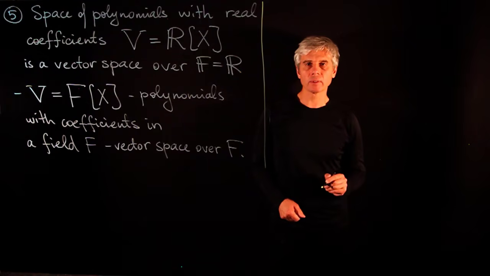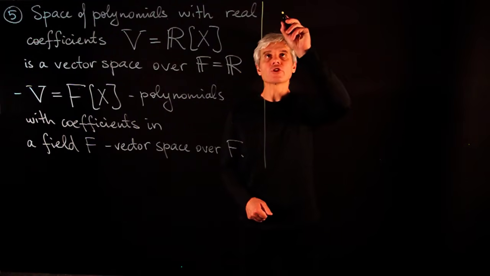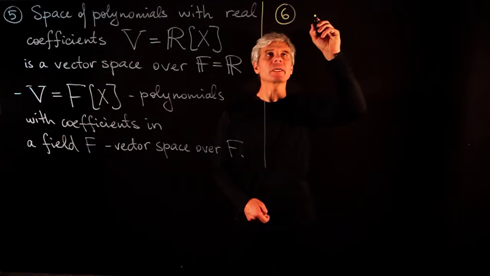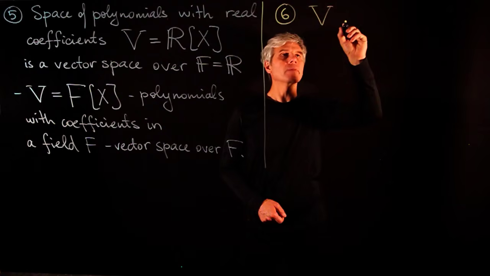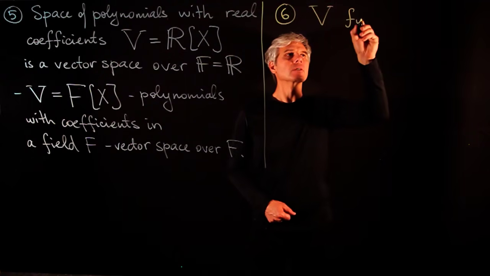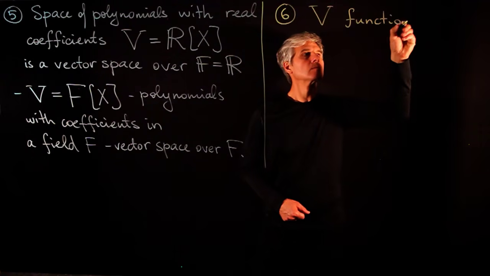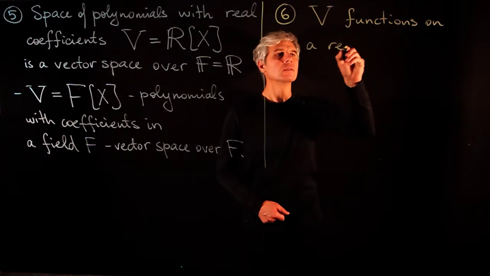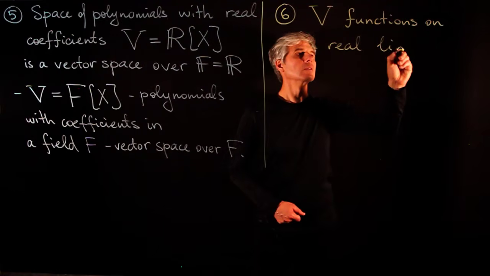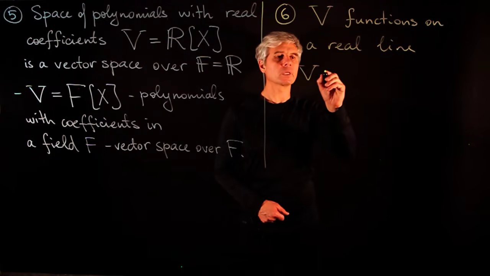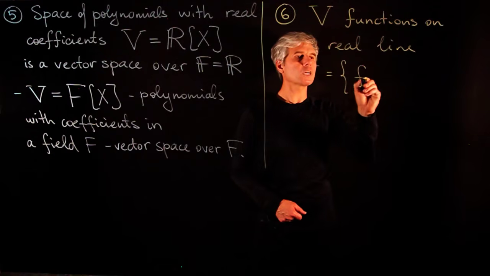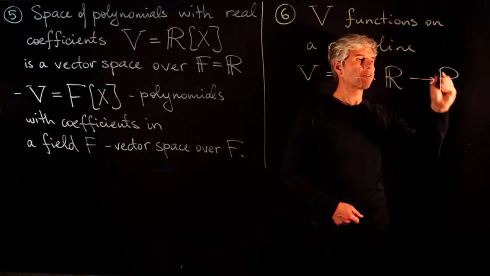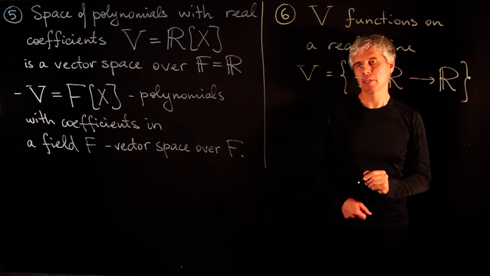Our next example of a vector space has origins in mathematical analysis. So here we take V to be functions on a real line. So here V will be the set of all functions with a real argument and assuming values in real numbers.